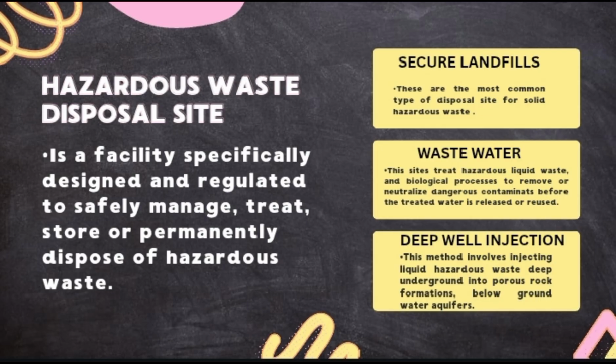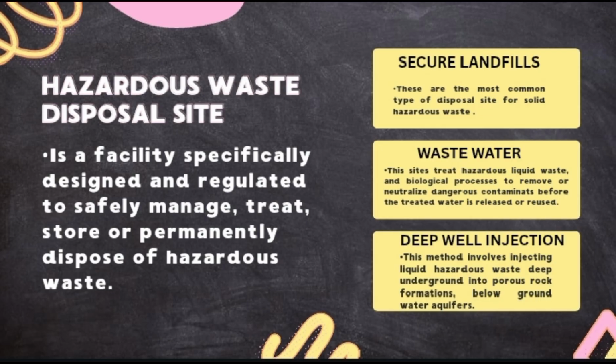Second, we have wastewater treatment sites. This is for liquid waste. In this place, dirty or chemical water is cleaned using machines and chemicals to remove the harmful parts. For example, water from hospitals or factories is cleaned first before it goes back to rivers or the sea.